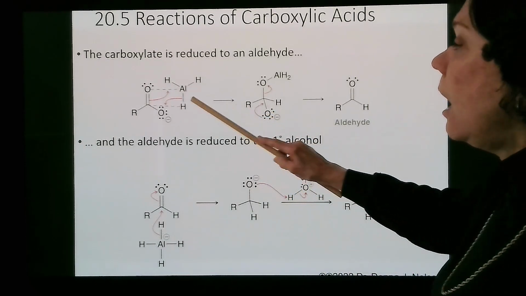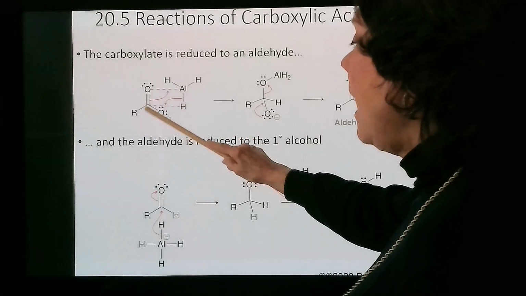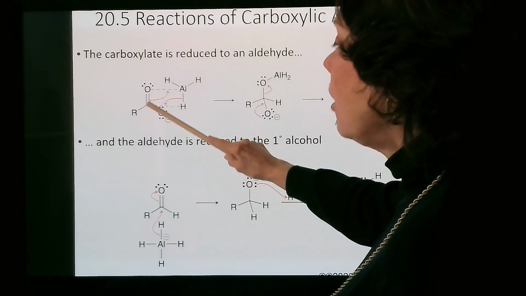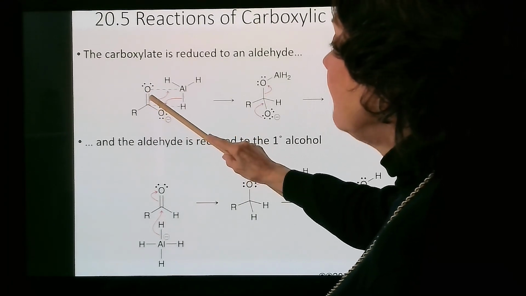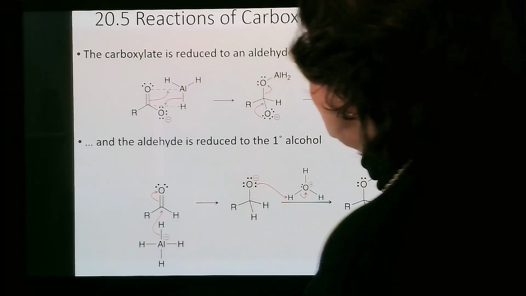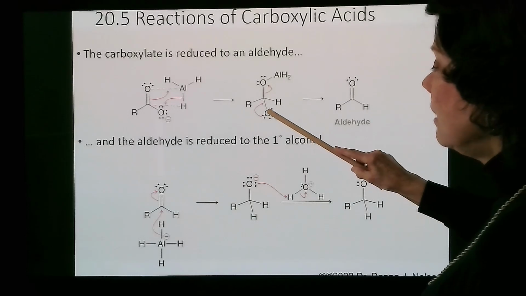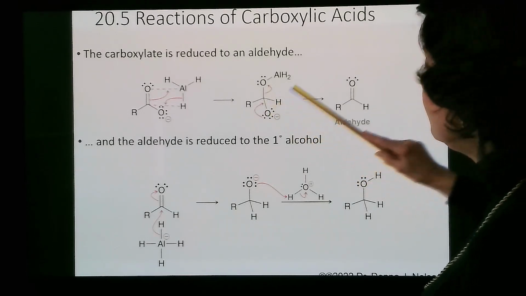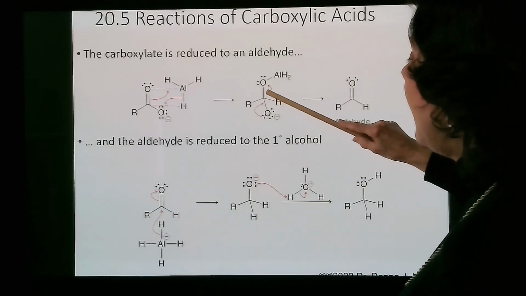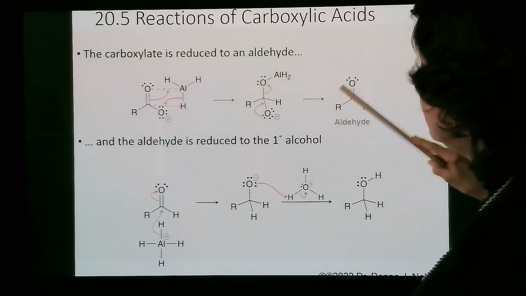And so you have H minus attack at the carbonyl, and the pair of electrons moves out to form an aluminum oxygen bond. Then the pair of electrons on oxygen moves in to form the carbonyl, and the leaving group departs.